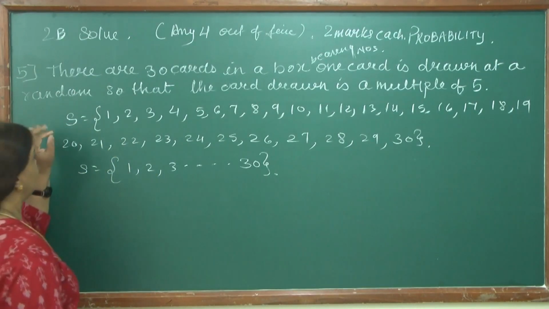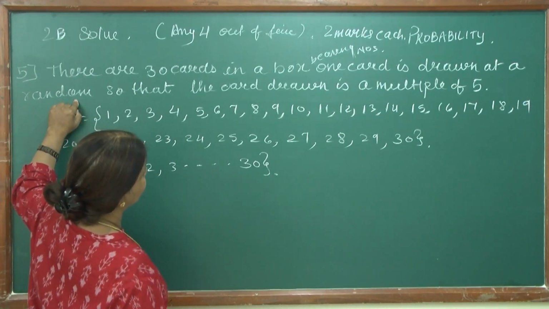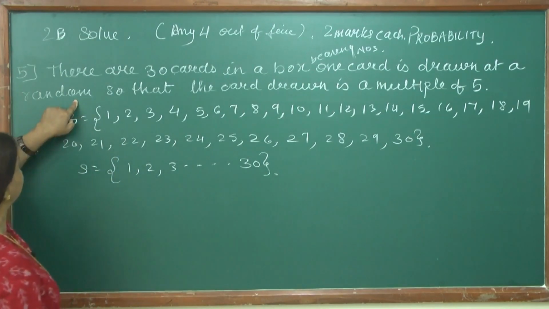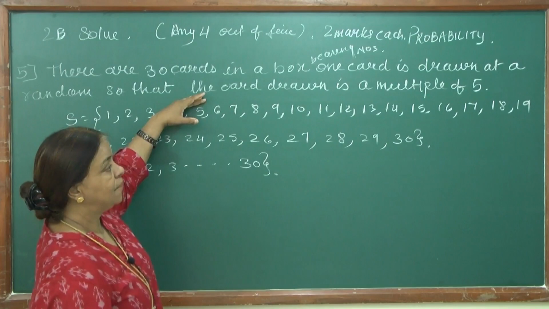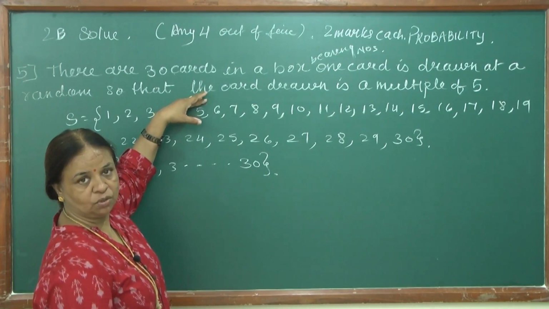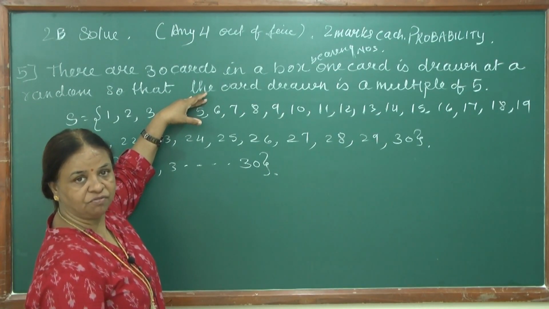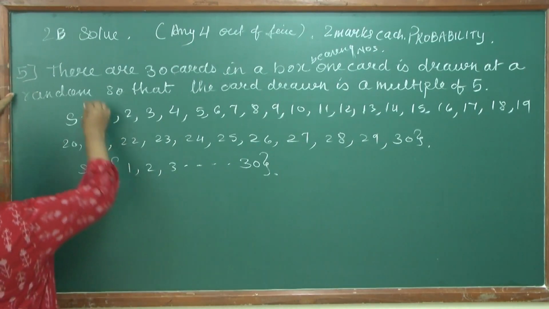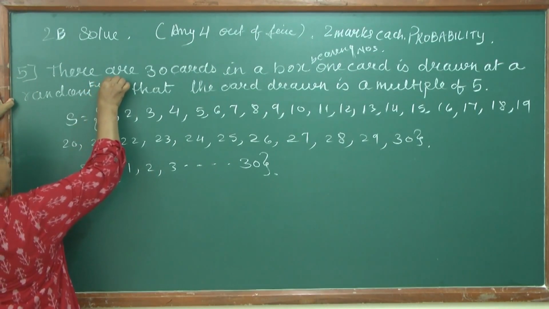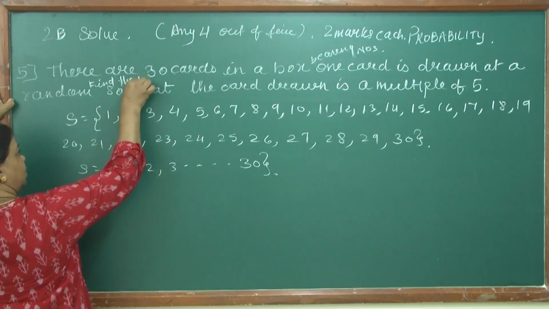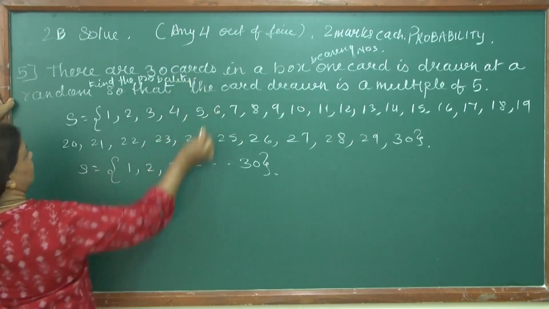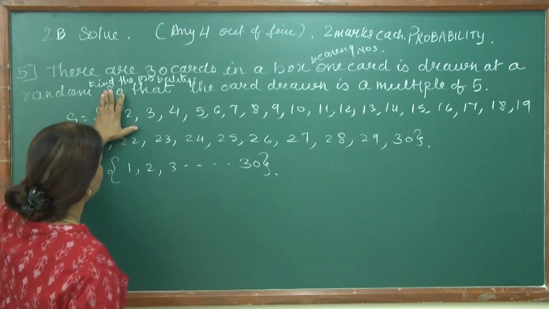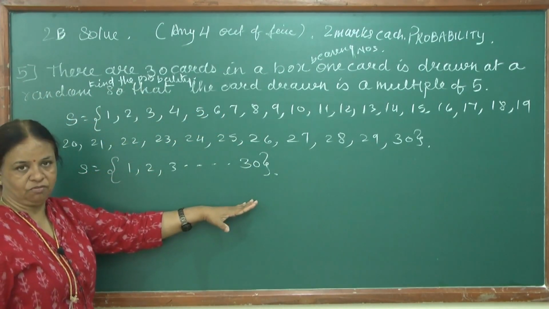So find the probability. One card is drawn at random, so that the card drawn is a multiple of 5. Find the probability that the card drawn is a multiple of 5.